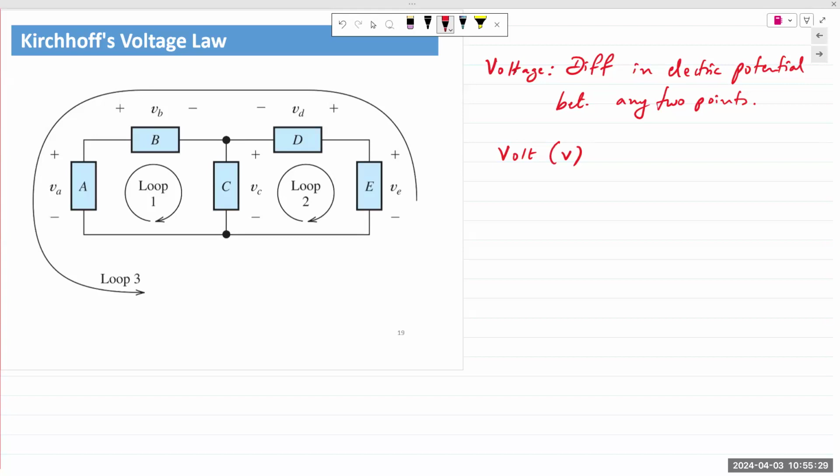Same level. But if I ask you, what is the voltage between these 2 points? What is the answer? 0, right? It's easy to visualize like this. So voltage is nothing but the difference in electric potential between any 2 points in a circuit. It's always measured across. So you don't have to break the circuit to measure the voltage.